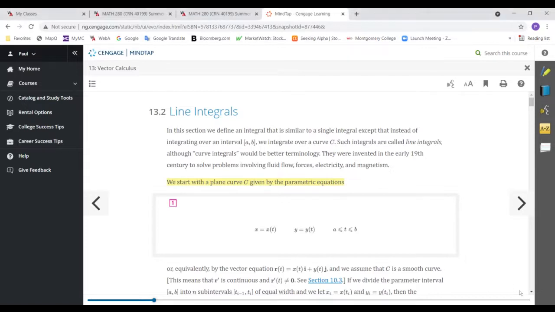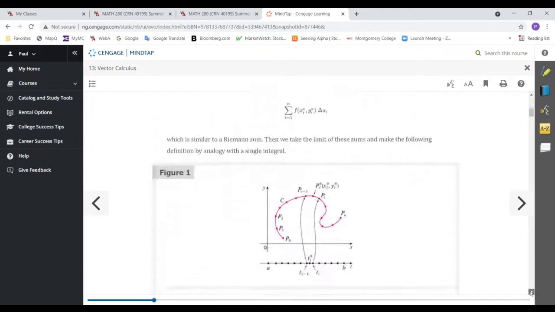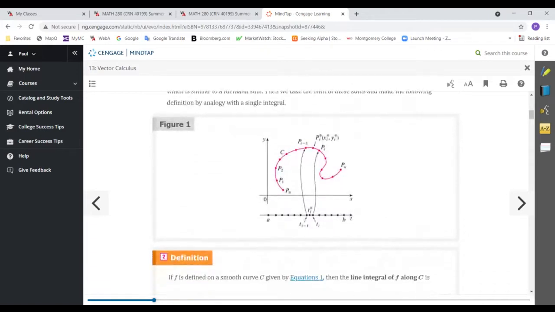Okay, so let's see here what we have. So in figure one, they show a curve C in the XY plane, and every point on the curve corresponds to a different time value.